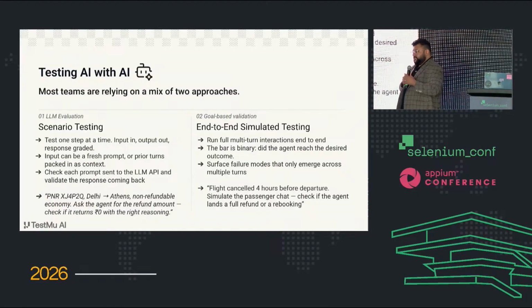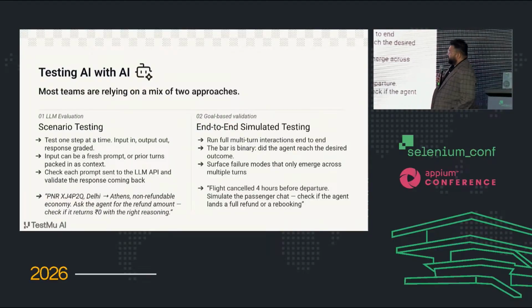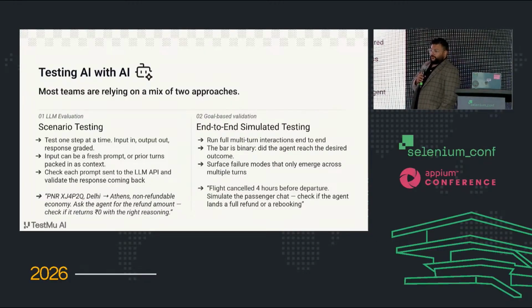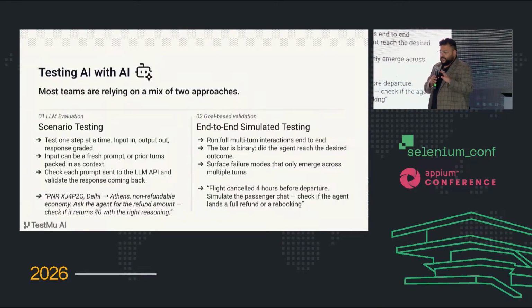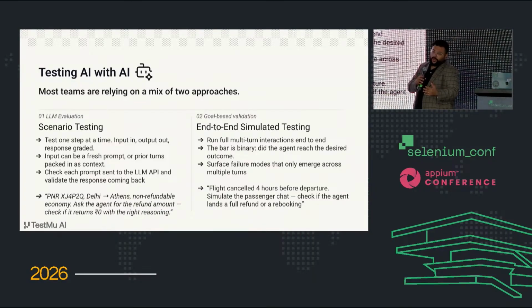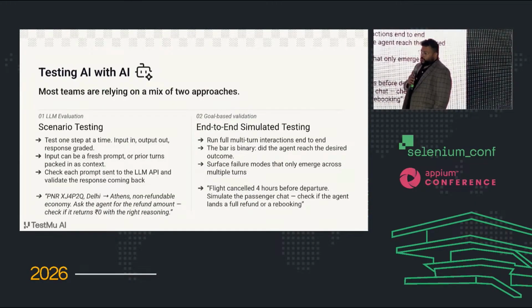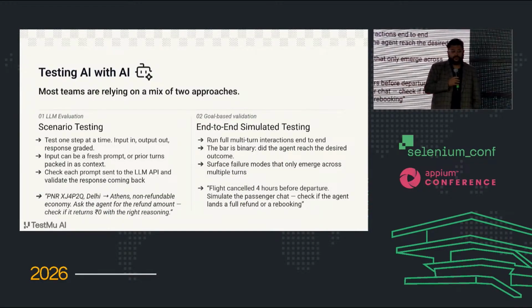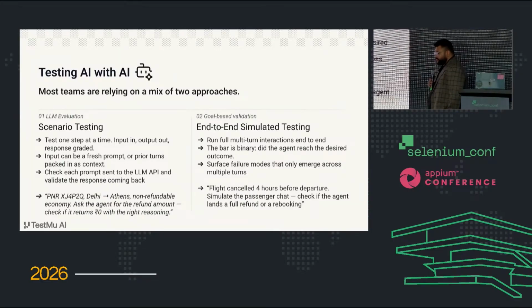The second is you simulate the overall end-to-end flow. A person sits down and interacts with the bot as an end user would, and starts to analyze where things are going wrong. So a complete full-stage multi-turn conversation.